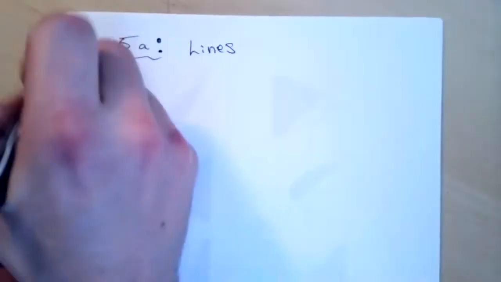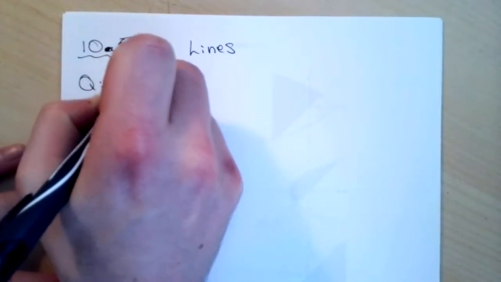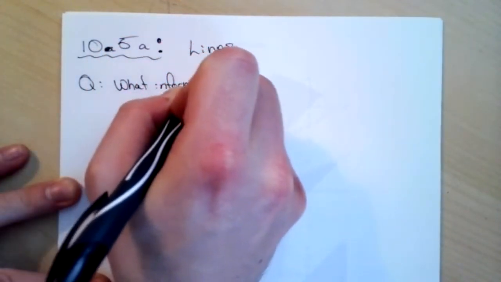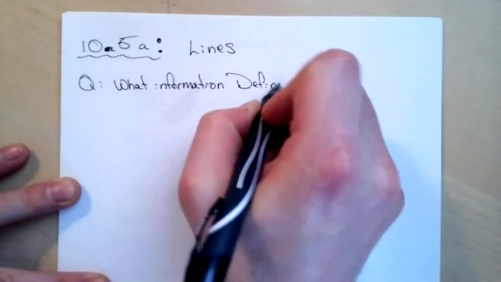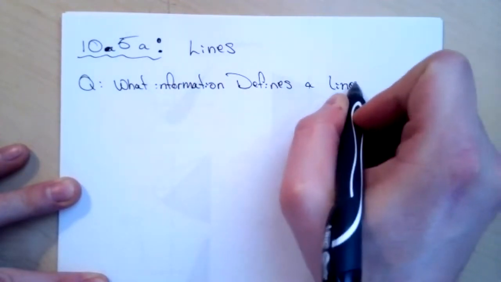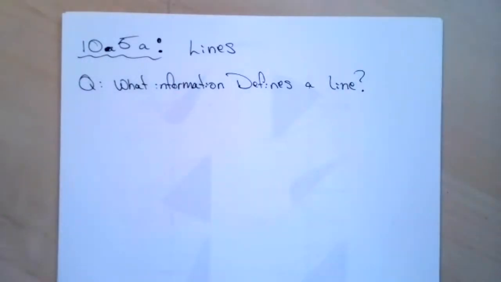And so my first question I want to lead with is, what information defines a line? Another way we can think about this is, what is the minimal information that we need to be given that will dictate a line?